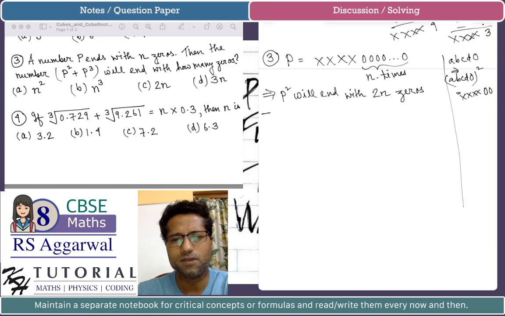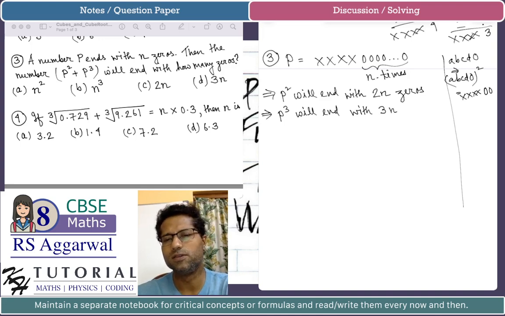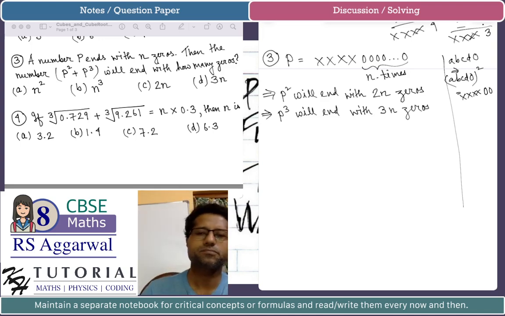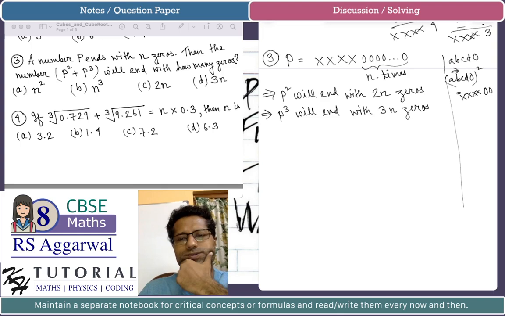Similarly, we can say that p cube will end with 3n zeros. The 2n is coming from the fact that for p square the power is 2, and 3n is coming from the fact that for p cube the power is 3. So definitely 3n is greater than 2n.